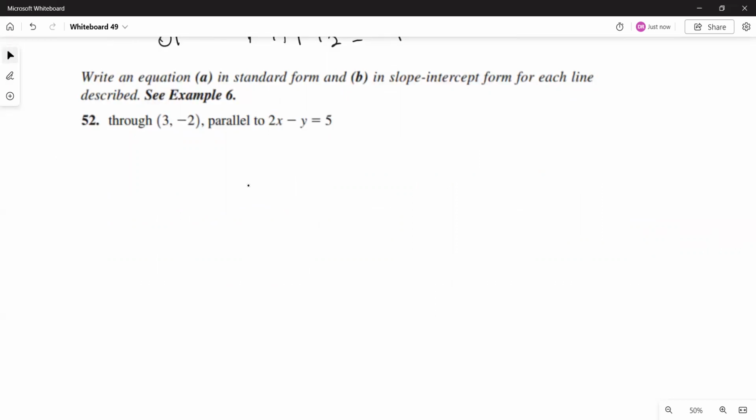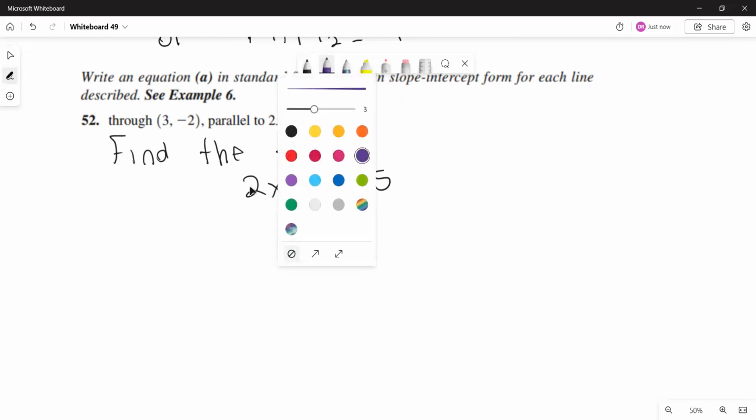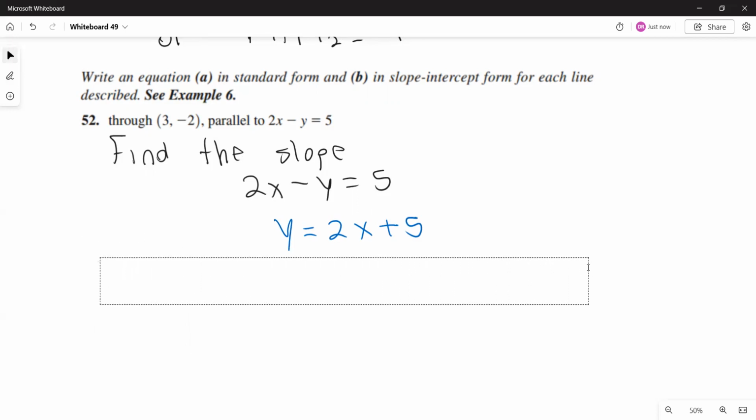So we're going to find the slope. Every time you want to find the equation of a line, the first step is to find the slope. And we can do this by rewriting the equation in slope-intercept form. If 2x minus y equals 5, y is 2x minus 5.